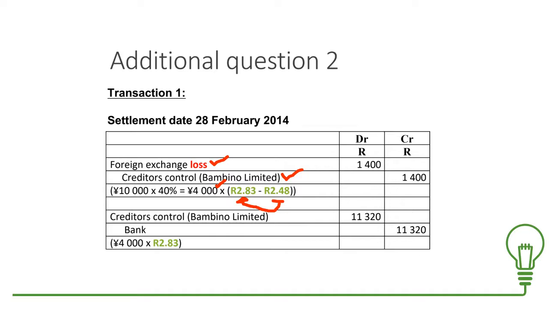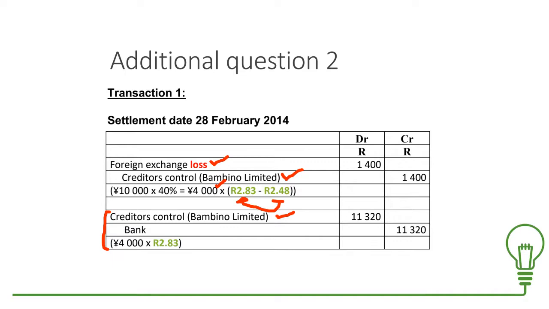And then this journal entry, guys, please, please don't forget this journal entry. Everyone forgets this one. We need to pass the journal entry to record the actual payment. Now the payment is actually happening, so we debit the creditor because the creditor is getting smaller, we're paying them.